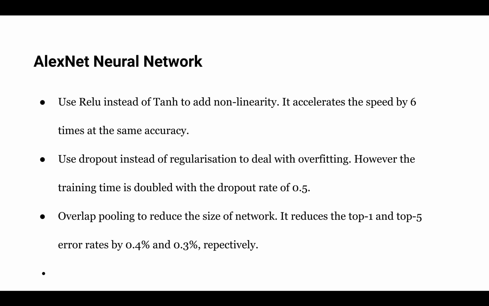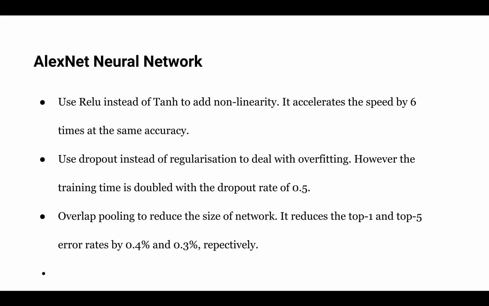Previously, in earlier competitions, people used tanh to add non-linearity, but AlexNet used ReLU instead of tanh, which accelerates the speed by 6 times at the same accuracy. Previous training took a longer time, but AlexNet was much faster.